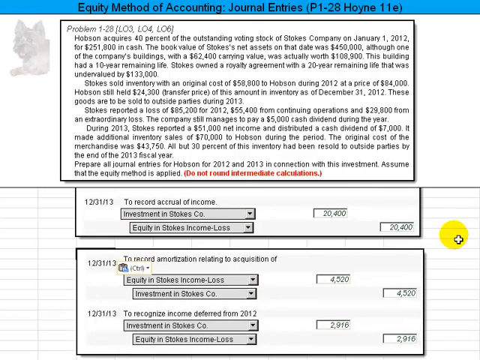All right, now the next couple entries should look familiar to you. We again have to record the amortization related to the acquisition of Stokes. So that's that 4520. We've seen that number before and where it came from. And then we again need to recognize the income deferred from 2012.